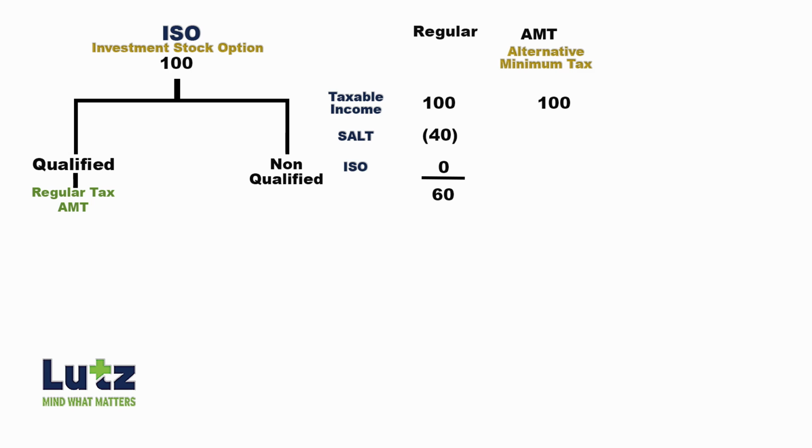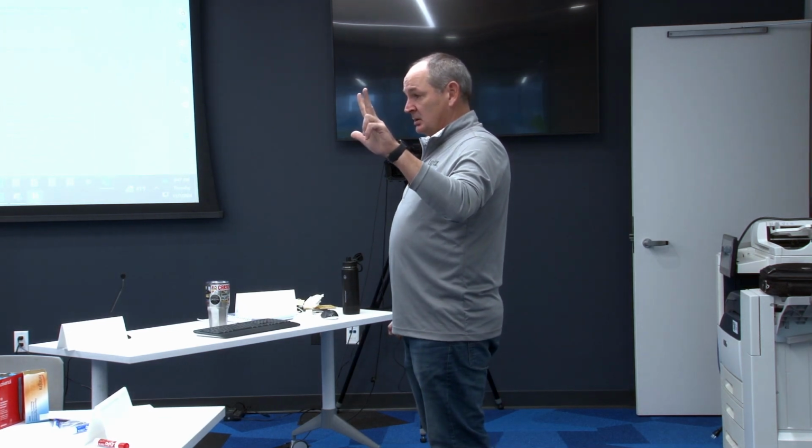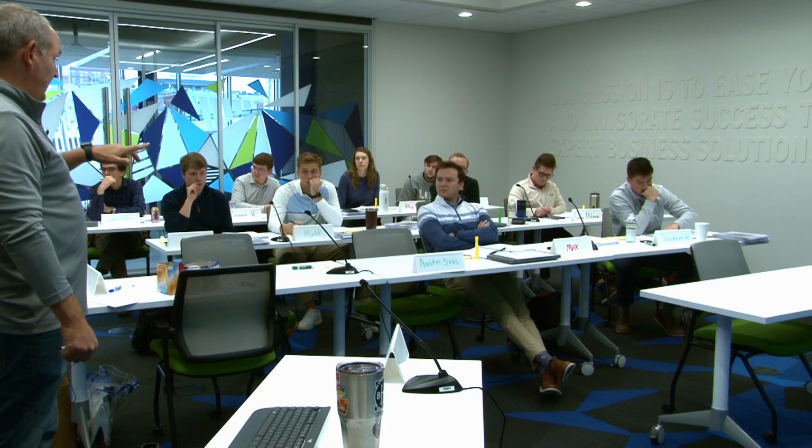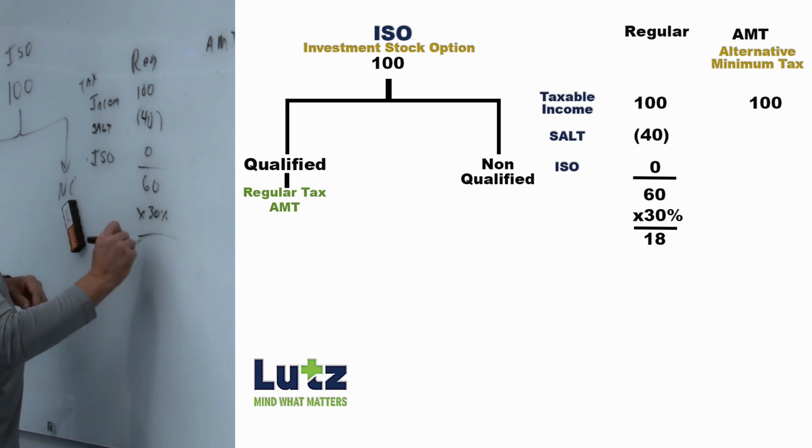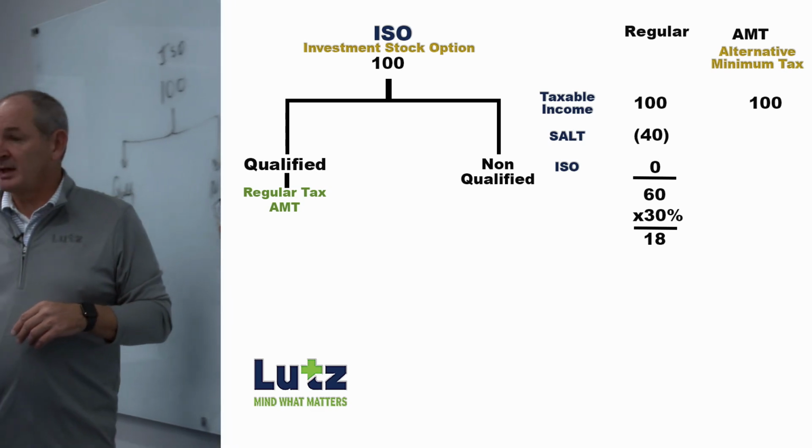The punchline where I'm going with this is AMT is a parallel tax calculation. So when Max says we're searching for a floor of the tax to be paid, that seeking of the floor is by virtue of two tax calculations being performed at the same time. And you take the greater of the two. So if I take this times 30%, that's $18 of tax.